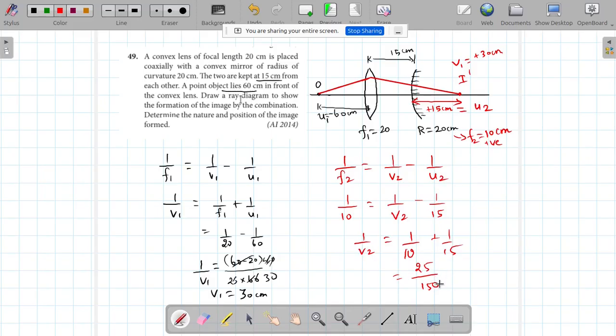I think 1 by 6, but in the solution it is given as 30. They have not asked for the focal length of the second one. They asked to determine the position of the image, its nature and position.